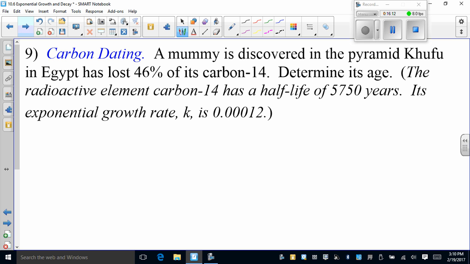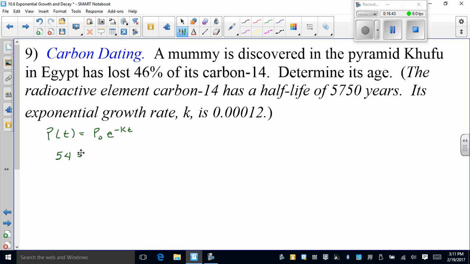So we're using our function, P of t equals P sub naught times e to the negative kt power. But we know what k is. We also know what this value is. It's lost 46%, which means it's got 54% left. So we don't need a value here. We just know that between the two, 54% is left.